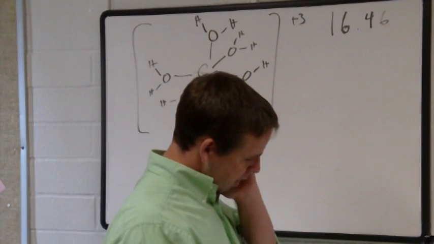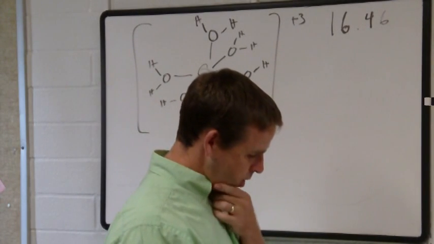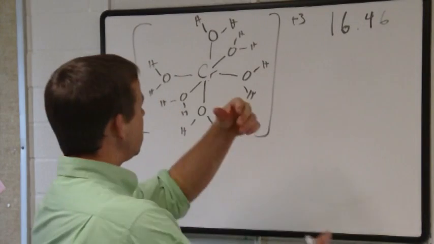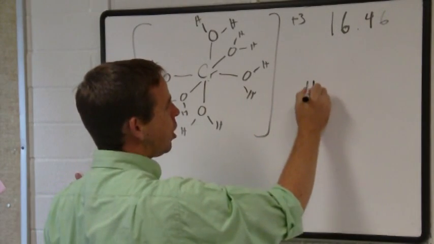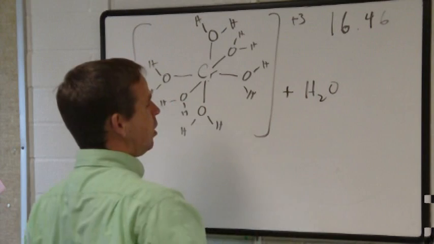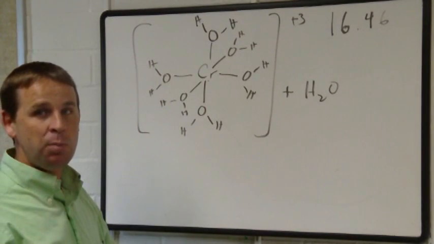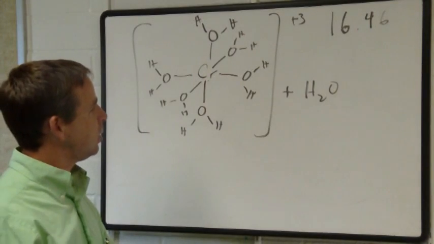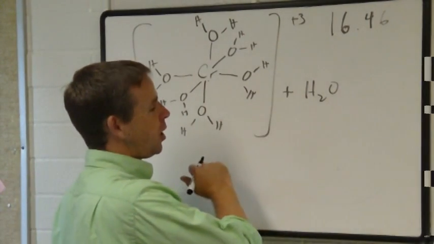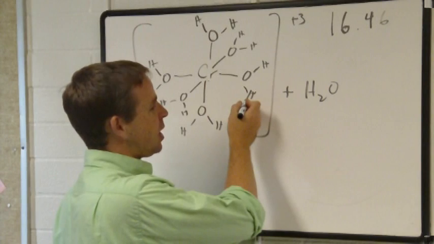Write an equation showing the behavior as a Bronsted-Lowry acid in water. So if it's weakly acidic, then there's another water molecule nearby. It is going to somehow make protons, right? Well, or the hydronium ion. One of these hydrogens has to leave.